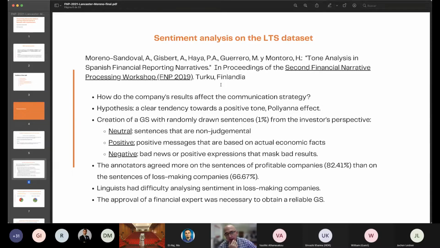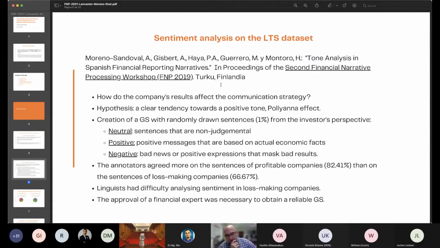Here, our research question was, how do the company's results affect the communication strategy? Our hypothesis, based on previous studies, is that there was a clear tendency towards a positive tone.